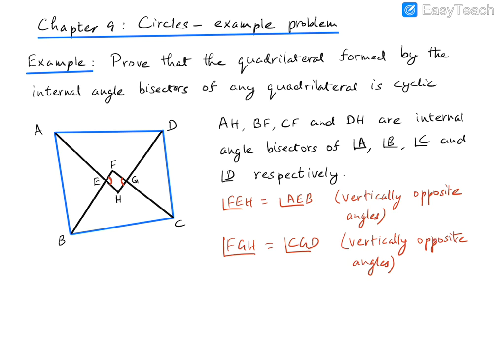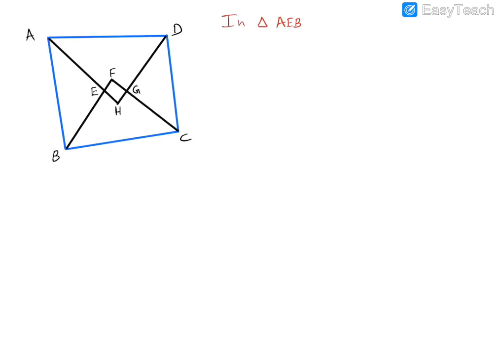Let us now look at the triangle AEB and try to find out what is the angle AEB. In triangle AEB, we know that the sum of all the angles inside a triangle is 180 degrees. So we will have angle AEB plus angle EAB plus angle EBA is 180 degrees.